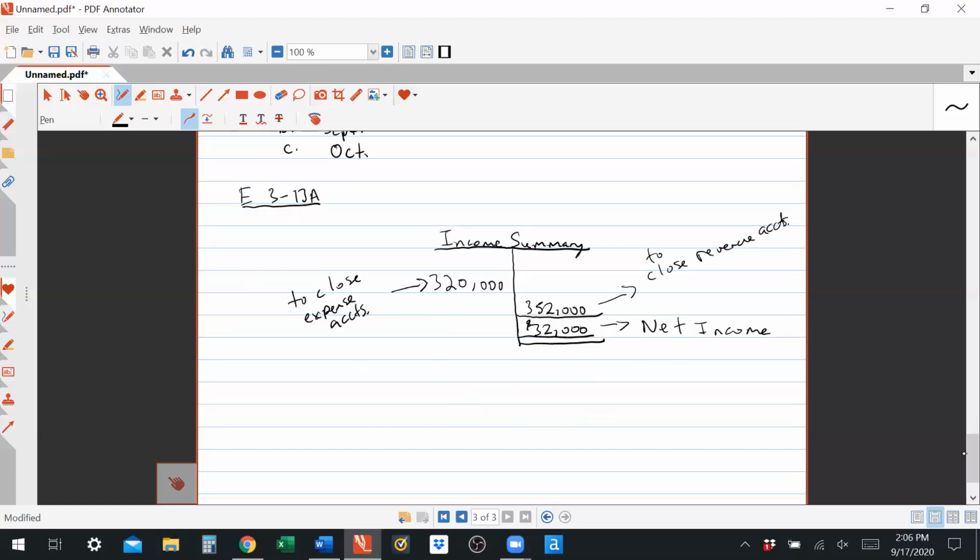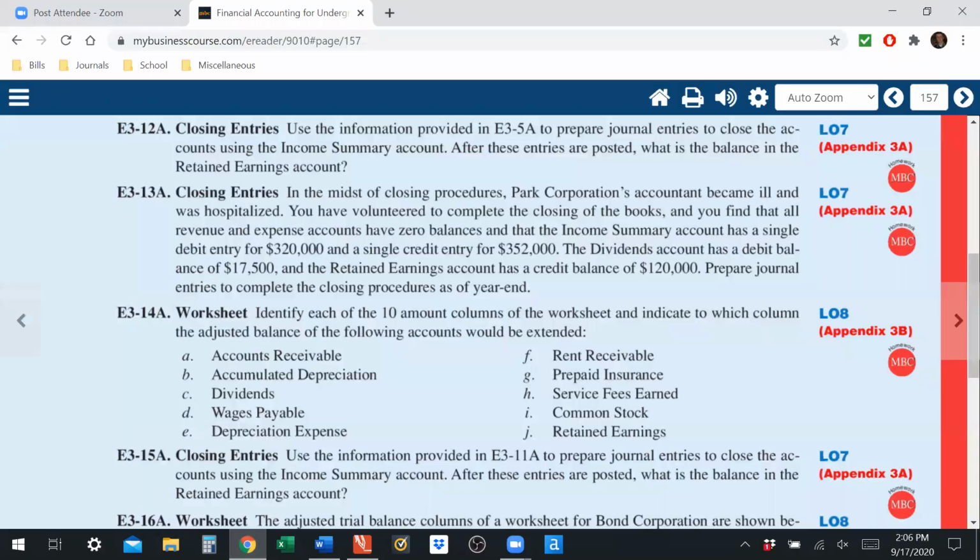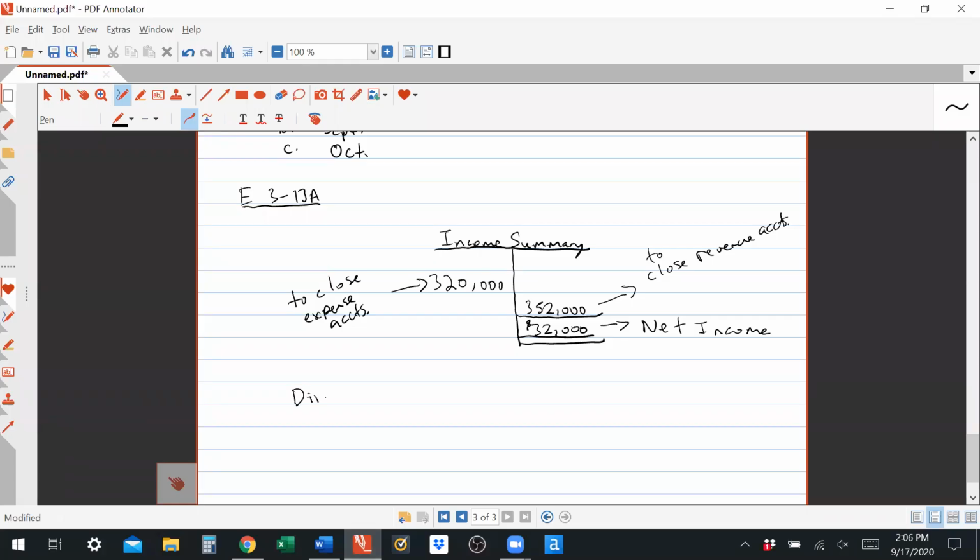All right, so that's what we have. What else? The dividends account has a debit balance of $17,500, and the retained earnings account has a credit balance of $120,000. Prepare the closing journal entries. All right, let's go look at the dividends account. So revenues and expenses have already been closed. Dividends we need to close, and income summary we need to close.